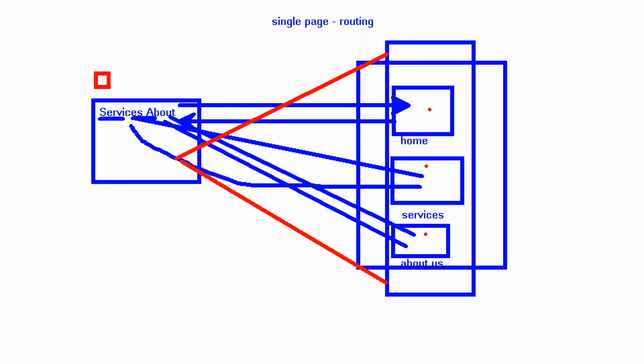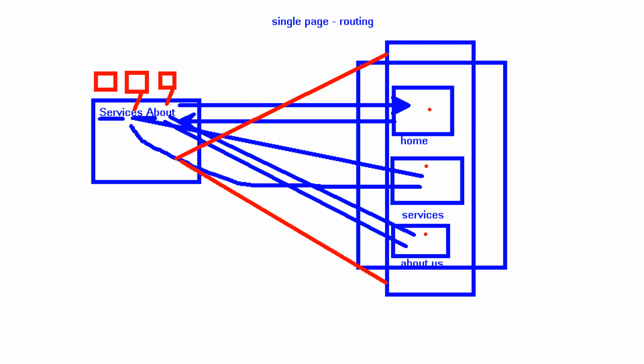These templates are stored in the client's browser cache memory location. Now next time, if the user clicks on services or about us, instead of going to the server, the page is loaded directly from the client's cache memory location. It decreases the burden on network traffic and increases the performance of the application. That is the main advantage of the single page application concept.